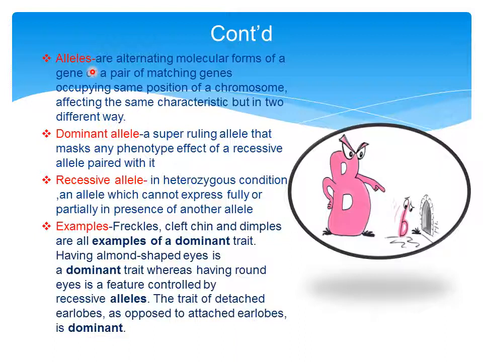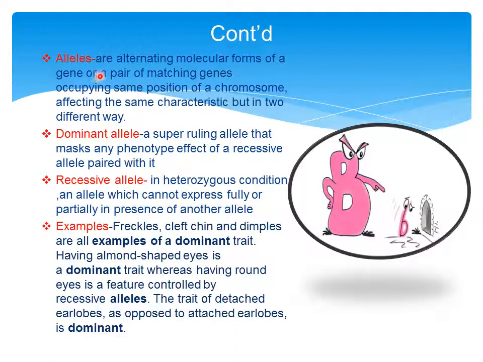It is a pair of corresponding chromosomes of the same size and shape, one from each parent, one coming from the father and another from the mother. I also told you this in the cell division videos. So please, dear students, go through those videos to get a clear picture of chromosomes, and cell division is required when you are studying heredity. In that sequence only I am teaching. Now let us start with alleles here.